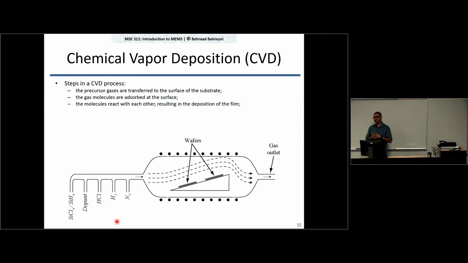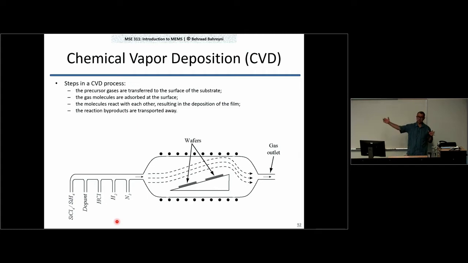In many cases, if you do the things right, the substrate itself will act as a catalyst. So it encourages or facilitates the reaction between the gas species at the surface. And then once the reaction happens and you have the desired material, you want it to be left on the surface and the reaction byproducts to be taken away from the surface of your substrate.